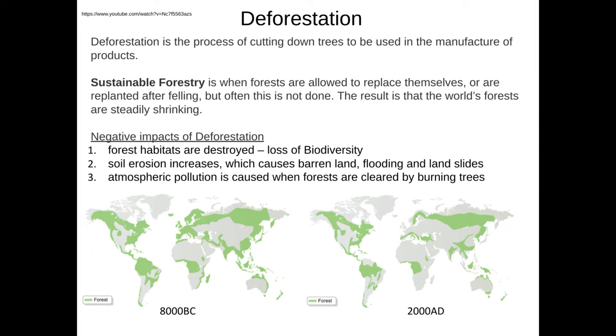So only taking the amount of trees that you know can be replanted, and so not using up more trees than can grow. Obviously, trees and forests are the world's greatest supply of oxygen through photosynthesis. So really bad, massive deforestation is reducing the oxygen in the atmosphere, which we as humanity obviously need.